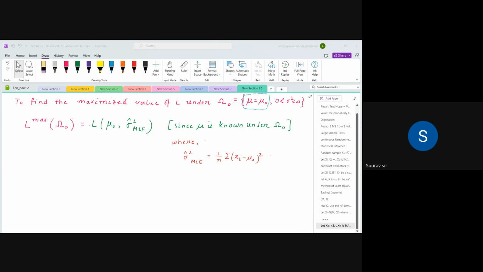Okay, do all of you agree? Can you please confirm with a yes or a no if this is fine? Understood? Yes. Okay, so just like we had s square, let's say that is s naught square.